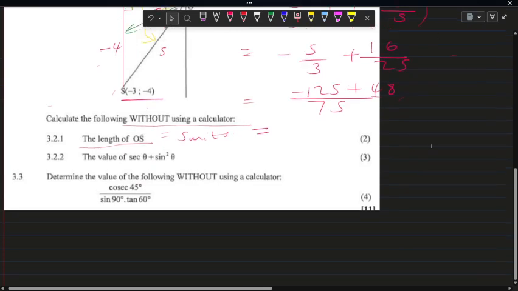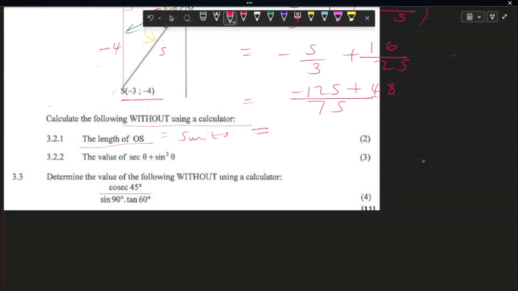Minus 125 plus 48, what will that give us? 48 minus 25, that should give us 23. Okay, and then 100 minus 20, that should give us 80, and 80 minus 3, that should give us 77.